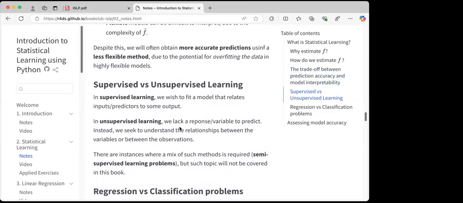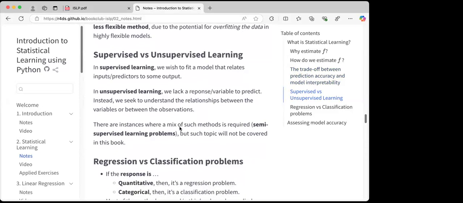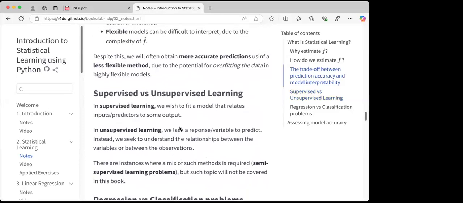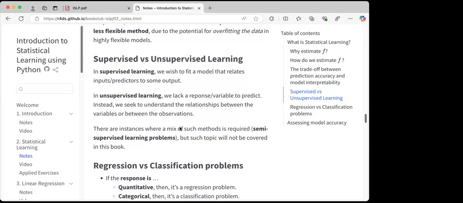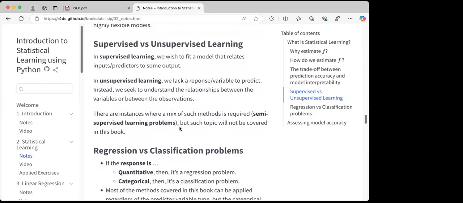In unsupervised learning we'll have cases with clustering and some other machine learning techniques. But then you have some problems which are in between. There are semi-supervised learning problems, but this is not within the scope of this chapter, of this book, sorry.